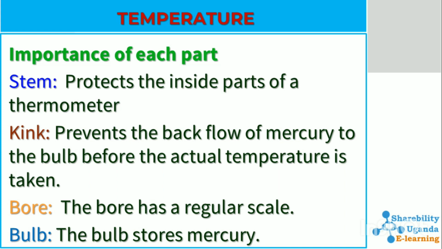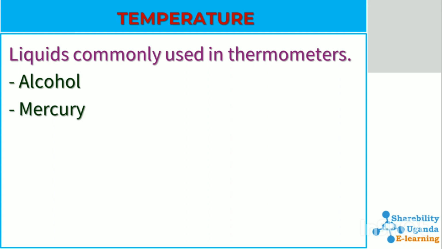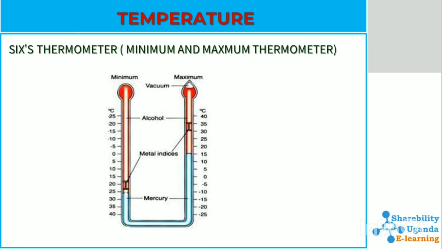Remember, mercury is one of the liquids used in thermometers to determine the temperatures of objects, because it has a high level of expansion and contraction as regards temperature rise and temperature fall. We have the bore, which has a regular scale, and then the bulb, which stores the mercury when the thermometer is not in use. The liquids commonly used in thermometers include alcohol and mercury, as I said.